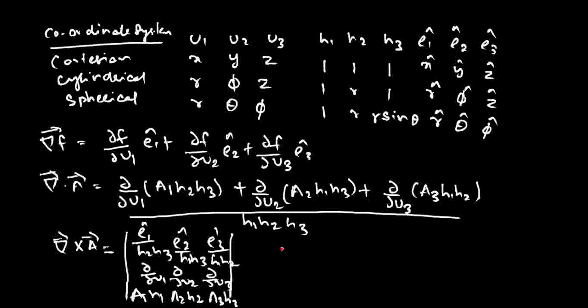So you could use these three formulae to find out the gradient, divergence and curl in any of the three coordinate systems.